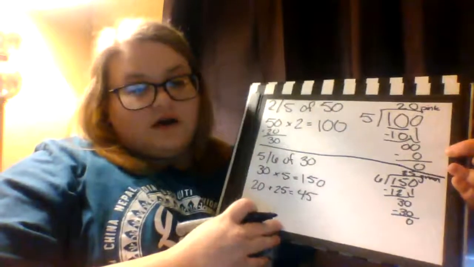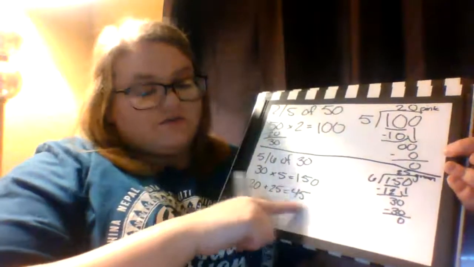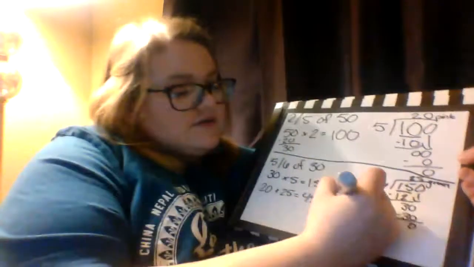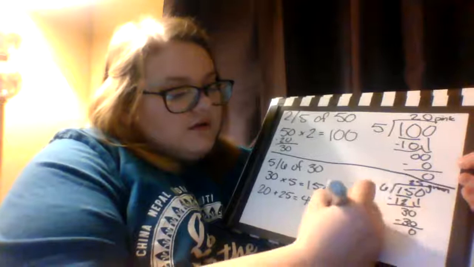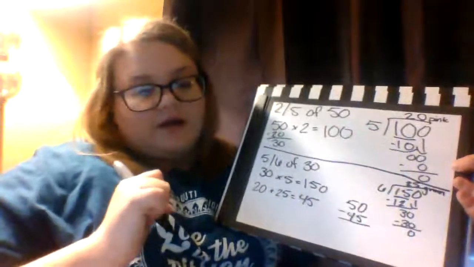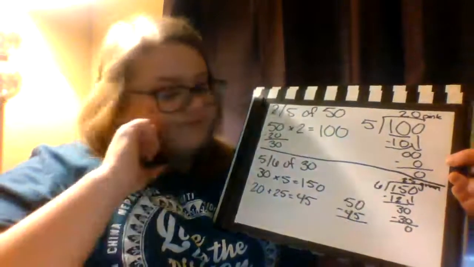So I have 45. Now I know that she has 45 Band-Aids that are not blue. So if I take 50 and subtract 45, I'm going to get how many Band-Aids she has that are blue.